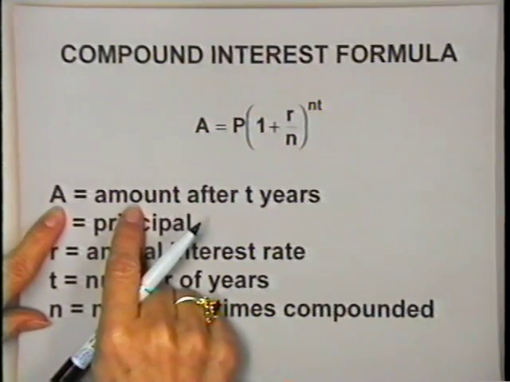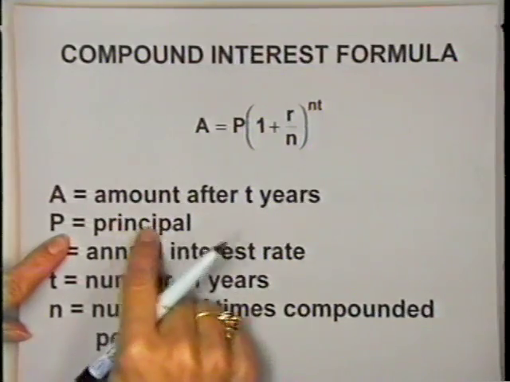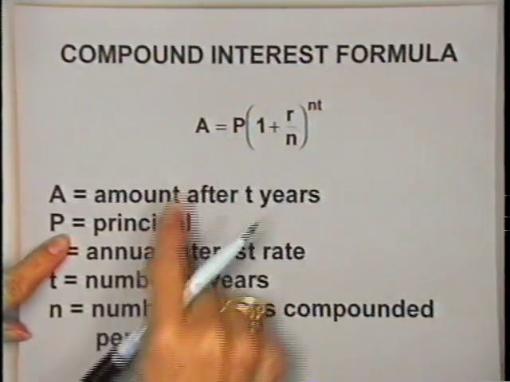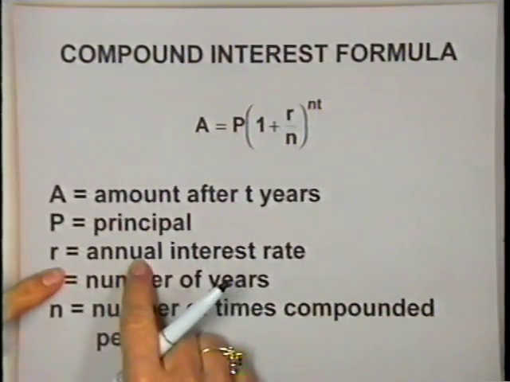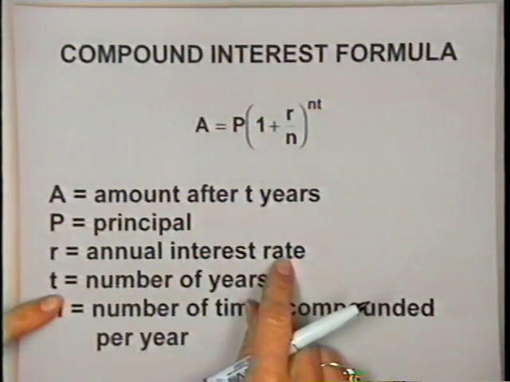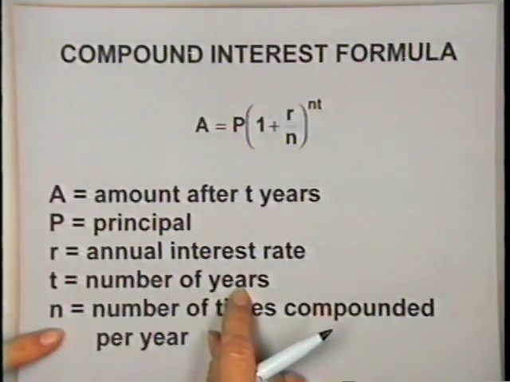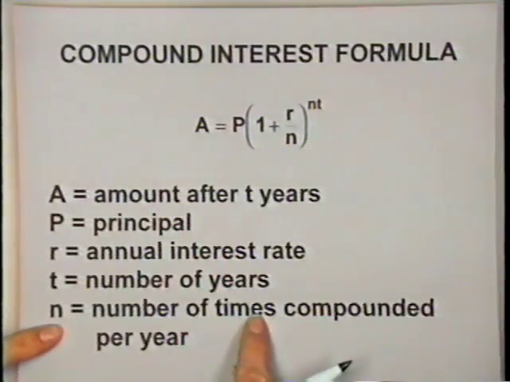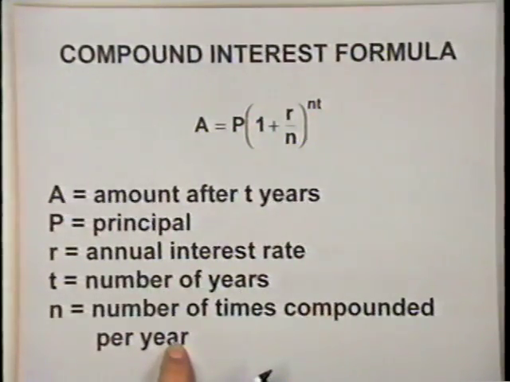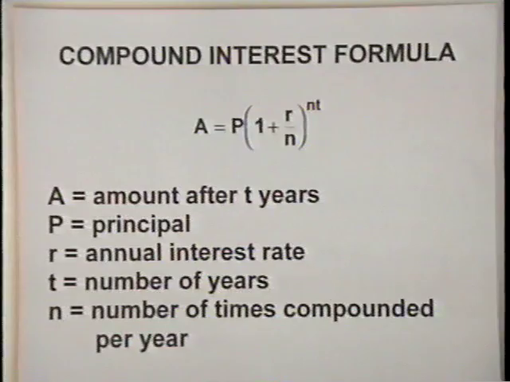That includes our original principal. P is the original principal, that's this number here. R is, notice, the annual interest rate. T is the number of years, and N is the number of times compounded per year. So if we compound quarterly, then that would be 4 times during a year, wouldn't it?